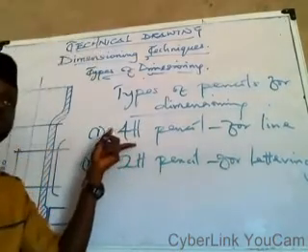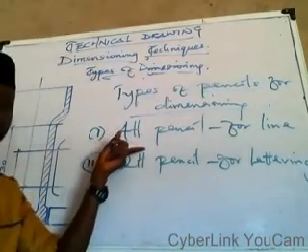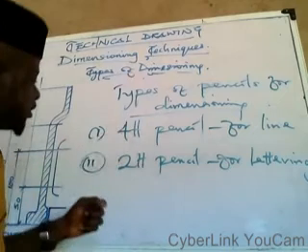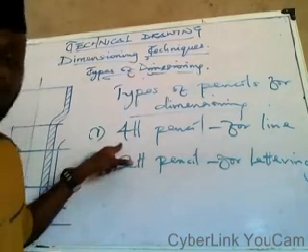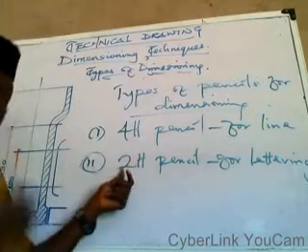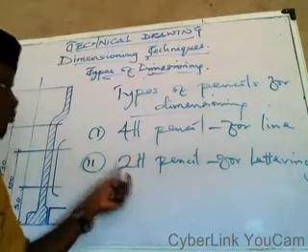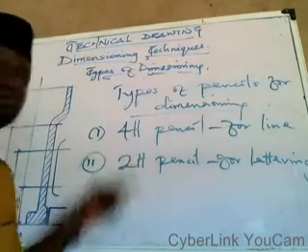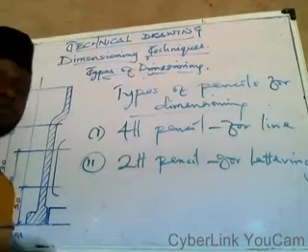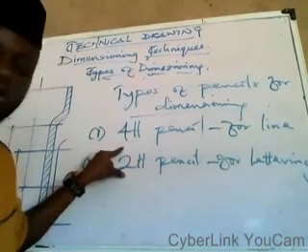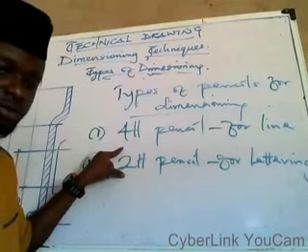This 4H is a soft pencil. This 2H is also a soft pencil. None of the two pencils will produce a bold line for you.